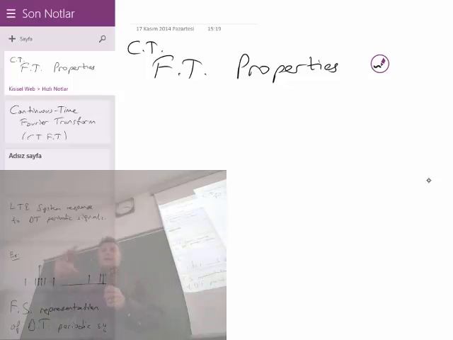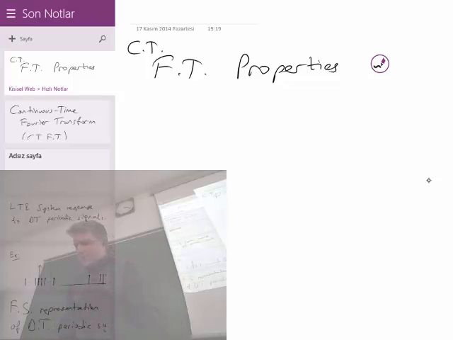You will also photocopy it and have those 2 tables: the table of typical transforms, and the table of properties. Starting from the typical transforms and using the properties, combining that information will enable you to solve a lot of problems. Most of the problems, in fact, you will solve by using properties.